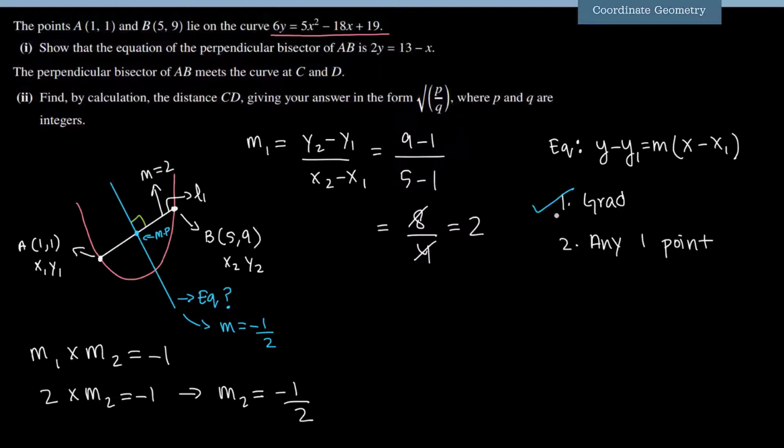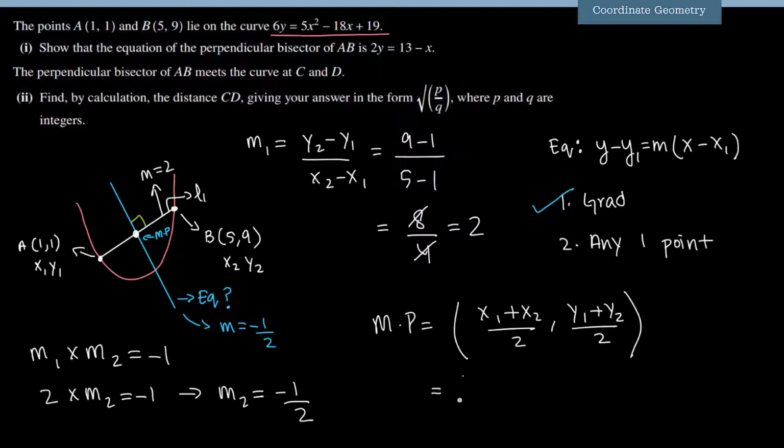Now after finding the gradient, I need any one point on this line whose x coordinate and y coordinate are known. I do know that this perpendicular bisector passes through the midpoint of this white line, and I can find the midpoint of this white line using the formula (x1 plus x2) divided by 2, (y1 plus y2) divided by 2.